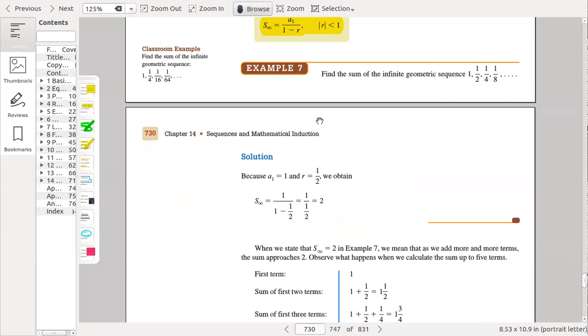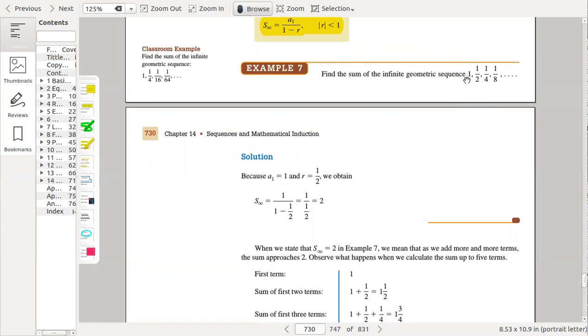Here is the example. Find the sum of the infinite geometric sequence. So this is a geometric sequence. How can we verify that this is a geometric sequence? The common ratio of this geometric sequence is 1 by 2.